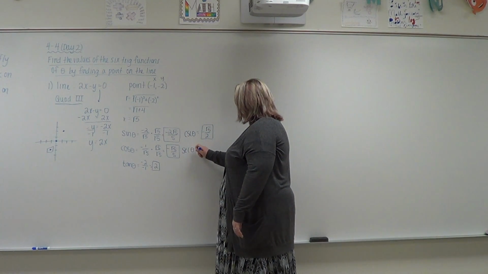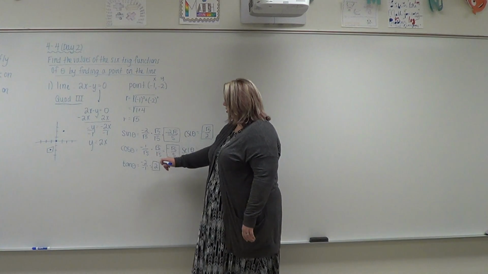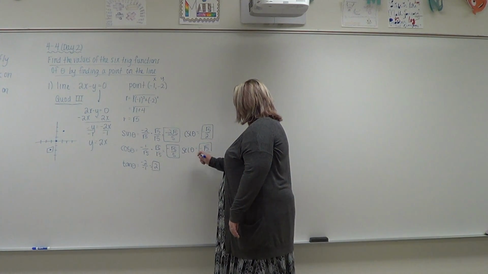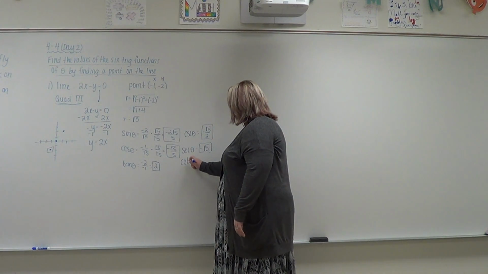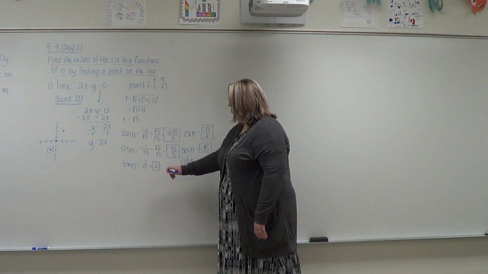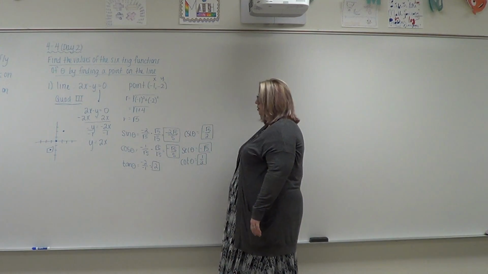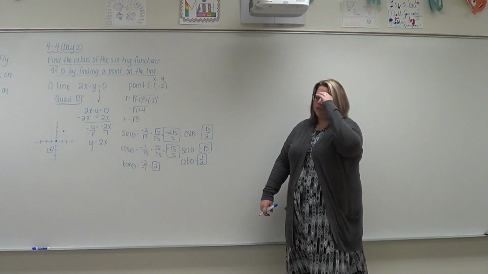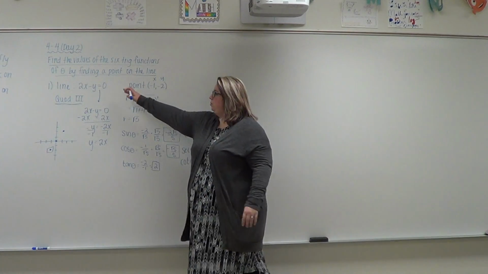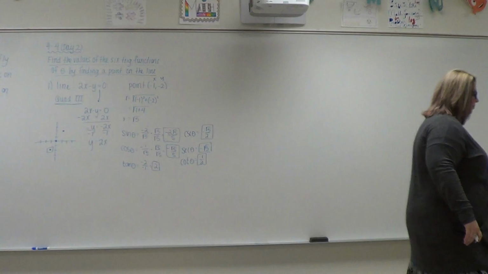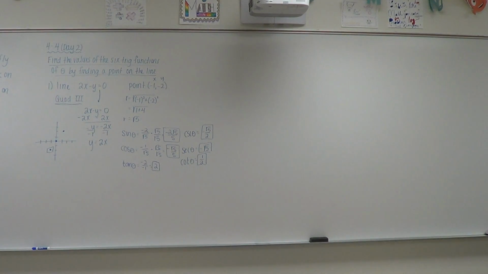Secant, back before I rationalized it, I flipped this would be -square root of 5. And then cotangent, that reciprocal of 2 would be 1/2. So it's just like what we did yesterday, except you have to find what the point is by graphing this line.